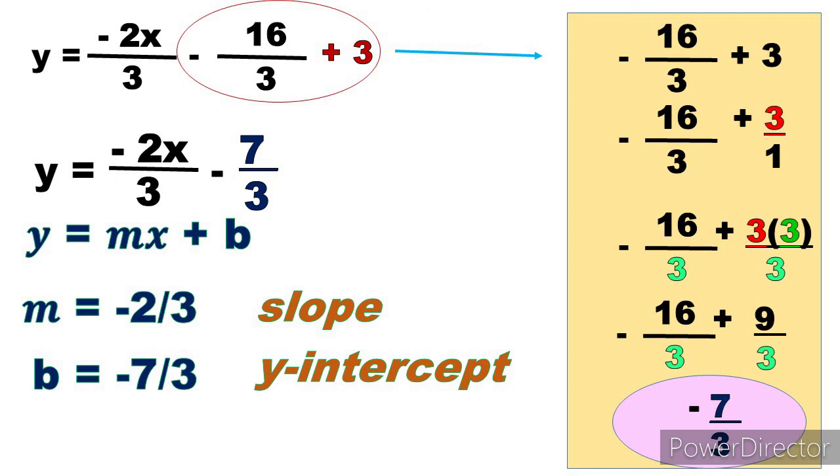That's why we have negative 16 over 3 plus 3 times 3 over 3. Then we have negative 16 over 3 plus 9 over 3.